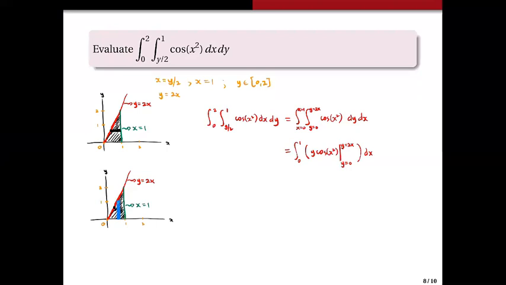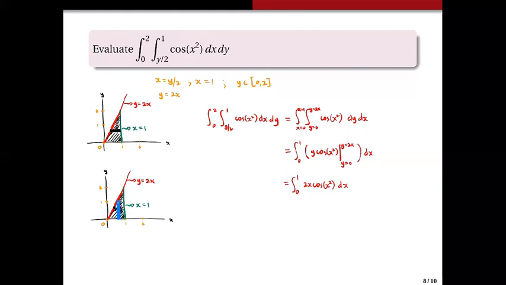If we evaluate this, we will end up with the integral from 0 to 1 of 2x cosine x squared dx. We want to integrate that, and that's easily integrable. Simple u substitution: we let u be equal to x squared, so du will be 2x dx.